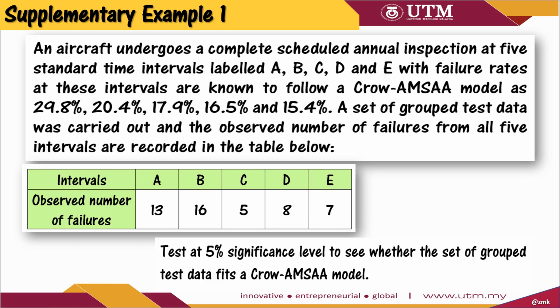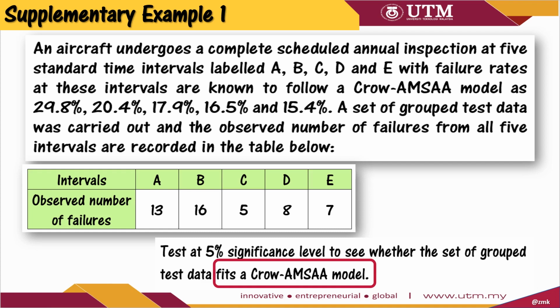From this question, notice that you are to test whether the set of test data fits or follows the specific Crowe-Amsa model. That is, you are to perform a goodness of fit test at 5% level of significance.